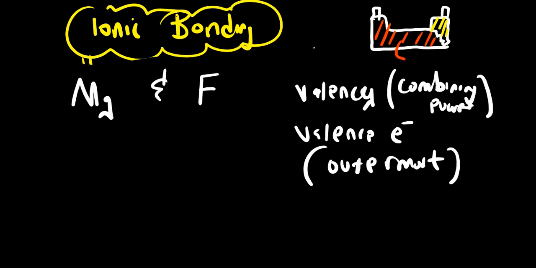You must be able to understand that. The valency of an element is the group in which it is found. So when you're finding the valency, just go to the group in which that element is found. For example, magnesium is found in group 2. That is the valency.